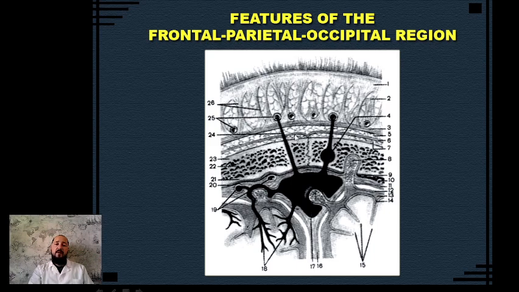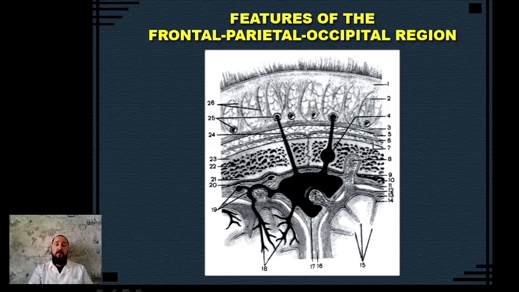And after the subperiosteal fat we have a bone. Bone has three layers, two compact layers and one spongy layer. External compact layer, internal compact layer, and between them we have a spongy substance that's called diploe.